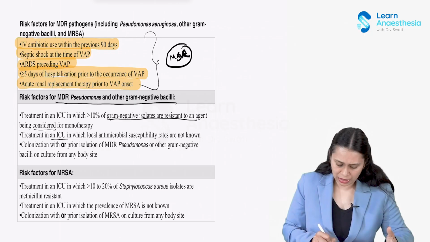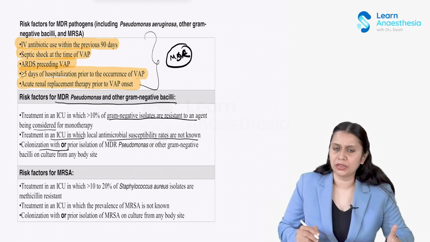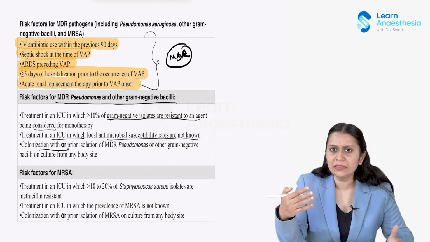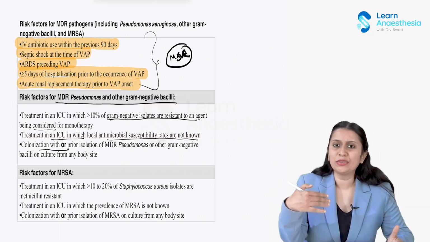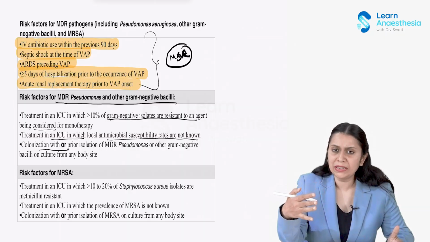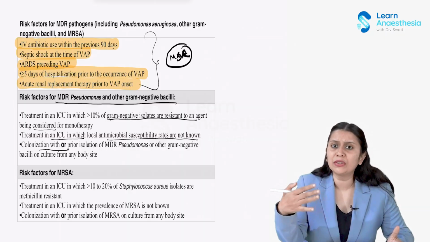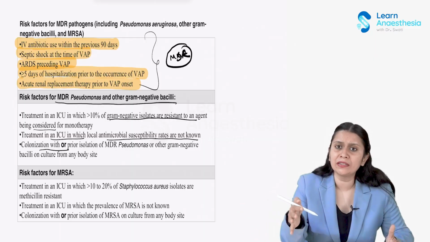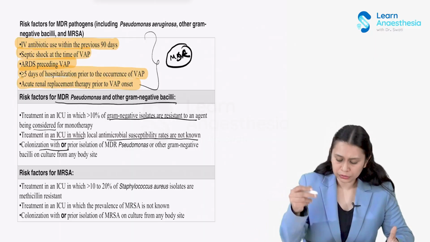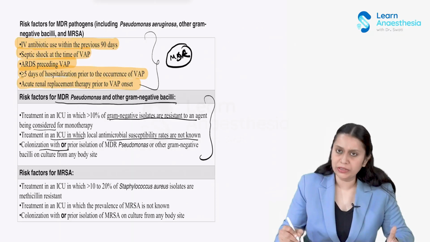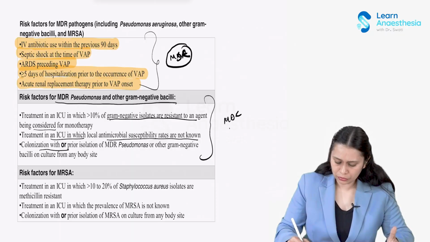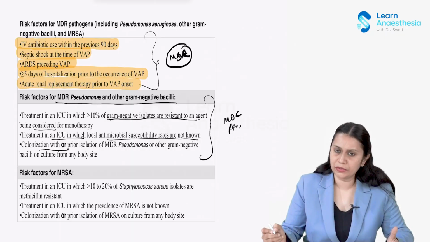Then treatment in an ICU with local antimicrobial susceptibility not known, and colonization in a patient: if previously a multi-drug resistant Pseudomonas or gram-negative pathogen was isolated, again they are at high risk of developing that pathogen. So these are the risk factors for MDR Pseudomonas infection.